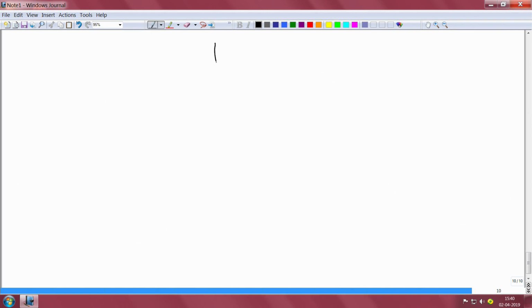So, we have, let us say, lambda 1 over here, minus lambda 1 over here. Let us say we have k square greater than mu square. So, that is why we have it here.